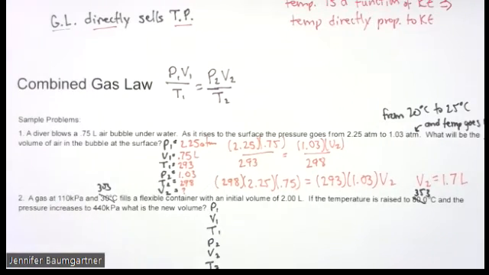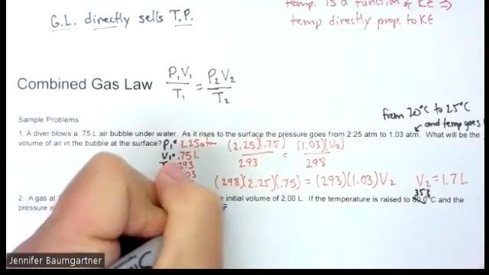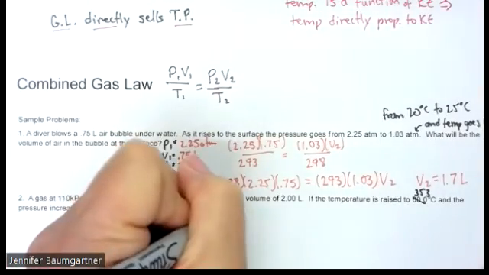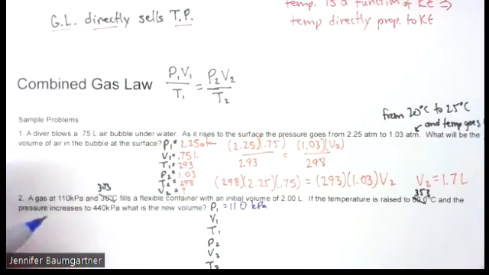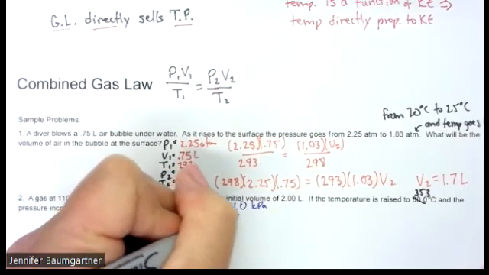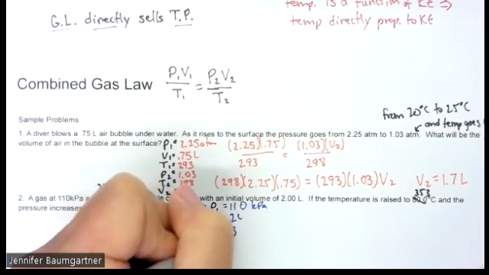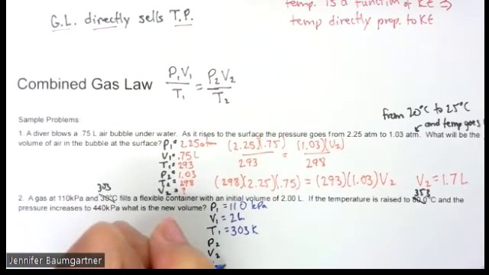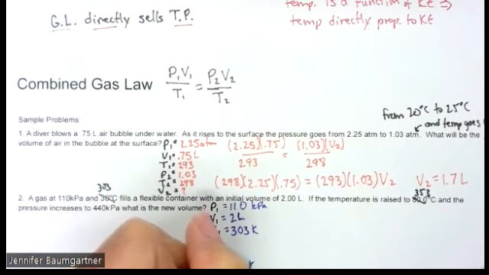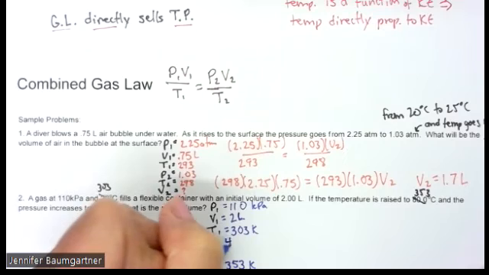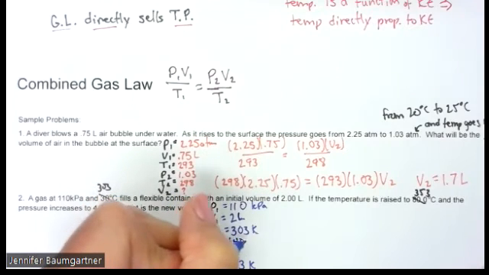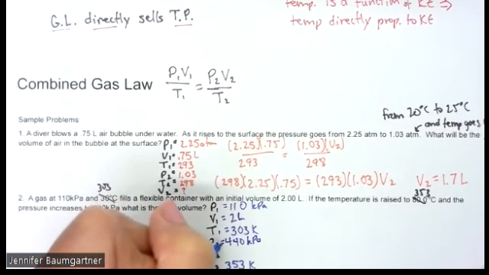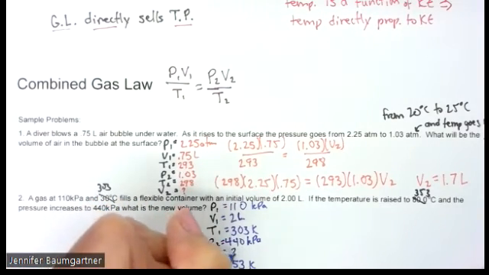So here I have my first pressure is 110 kilopascals. My volume is 2 liters and my temperature is 303 Kelvin. My temperature goes up to 353 Kelvin and my pressure goes up to 440 kilopascals. And they want me to solve for V2.